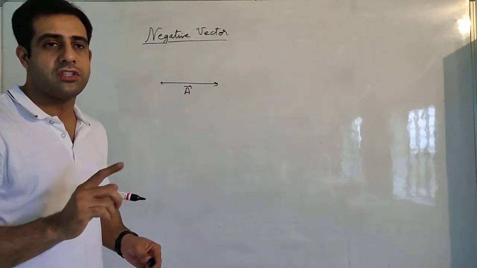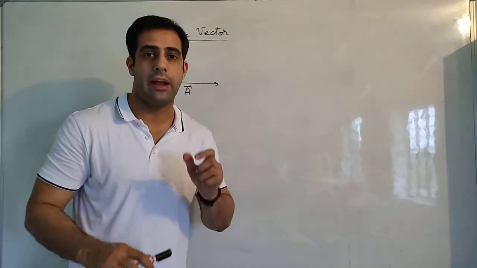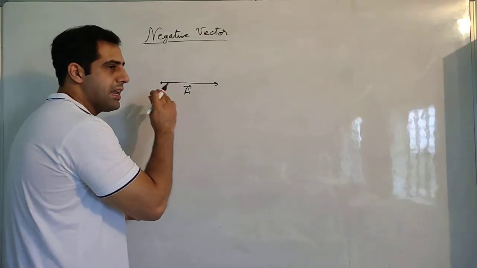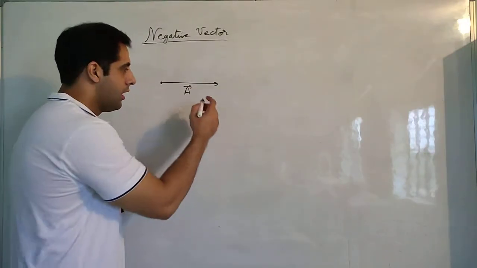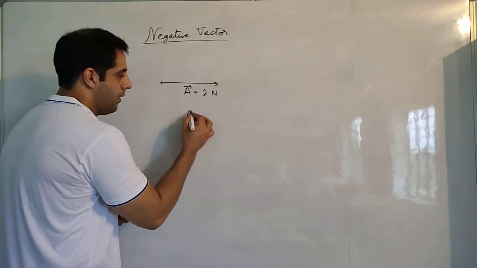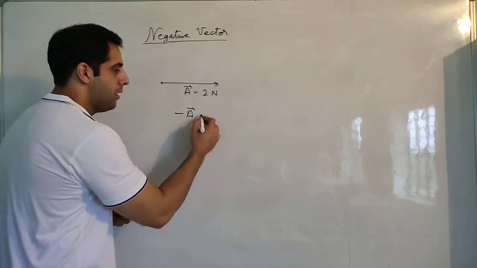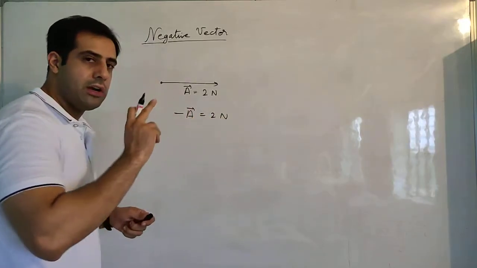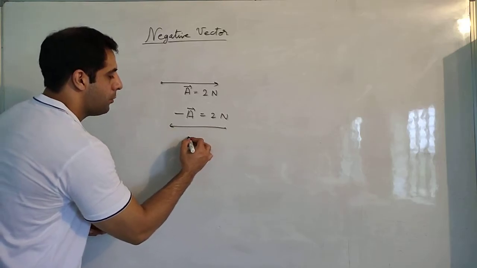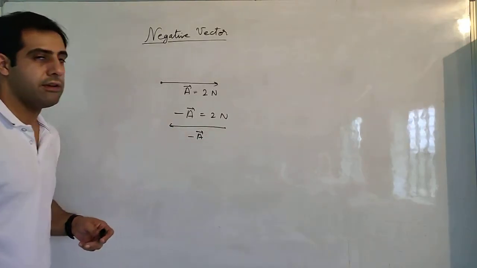The magnitude is not changed. When we are making a negative vector, magnitude is never changed. So if A is some kind of force and it is equal to 2 Newton, then minus A will also have a magnitude of 2 Newton, but its direction will change. It will be opposite. So this will be your minus A vector.